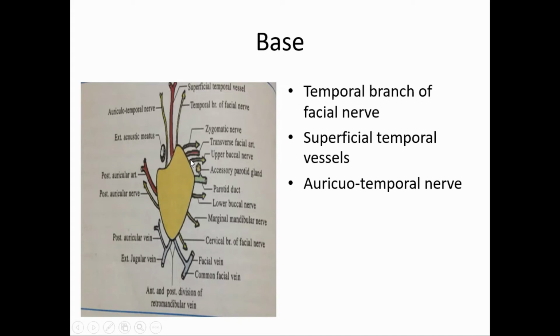And here it is the anterior border. So what are the relations of the anterior border? See, it is written here. Zygomatic nerve, transverse facial artery, upper buccal nerve, lower buccal nerve, and in between the upper and the lower buccal nerve, the accessory parotid gland, if it is present, parotid duct, and the marginal mandibular nerve.